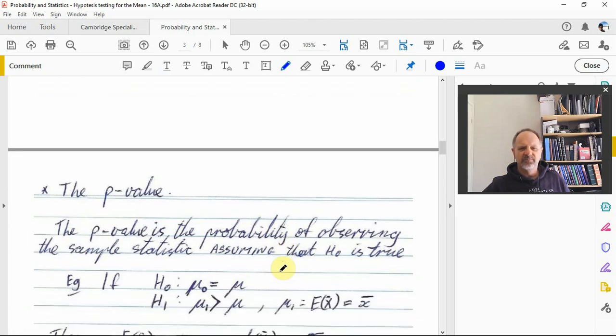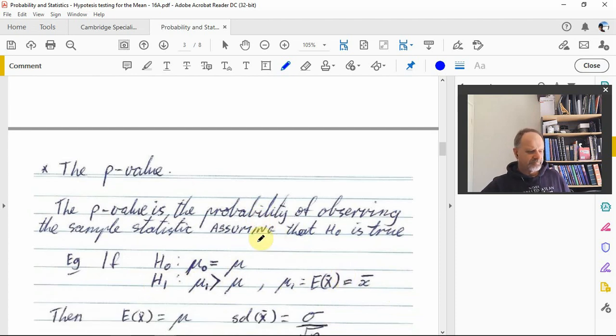So for example, H0 says that the mean of this particular group is the same as the mean of the population. The alternative hypothesis would say that the mean of this group is greater than that of the population, whereas the mean of this group is the expectation value of the sample.